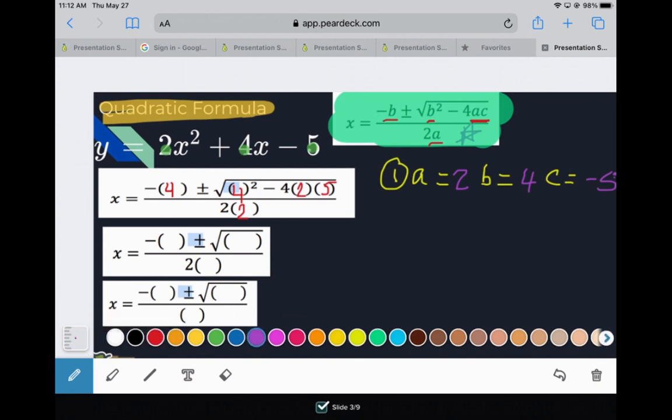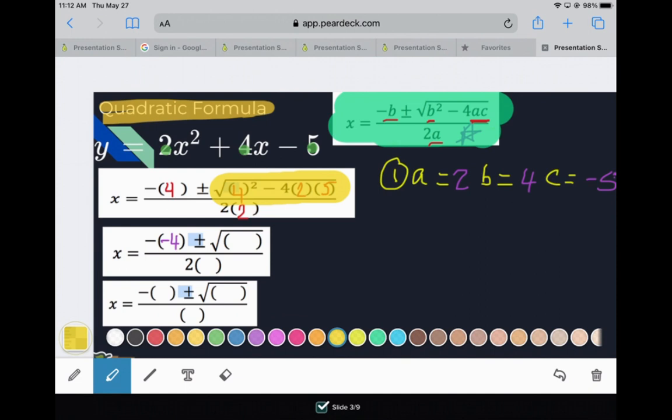Notice, this one I will keep. The one I want you to start to simplify is the one inside the radical, so you want to do that first: 4 squared minus 4 times 2 times 5.